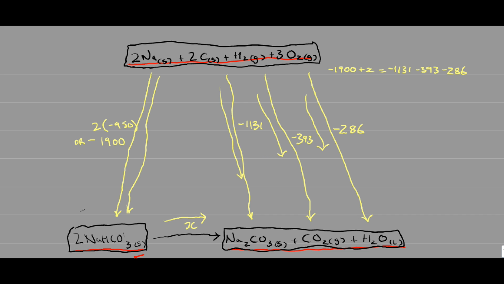So therefore X equals minus 1131 minus 393 minus 286 plus 1900, because what I'm doing is adding 1900 to both sides.